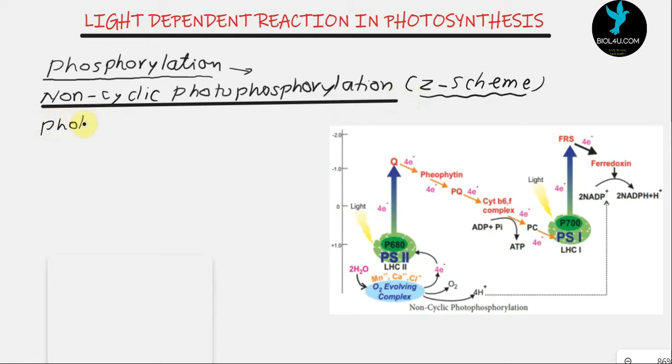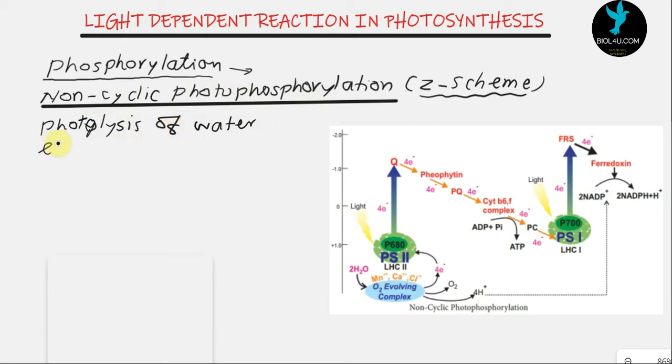Photolysis means the breaking of water with the help of light. So this non-cyclic photophosphorylation involves photolysis of water and a continuous unidirectional flow of electrons.